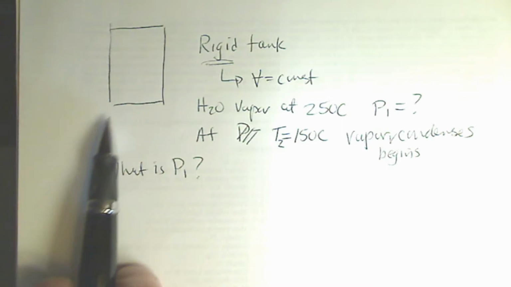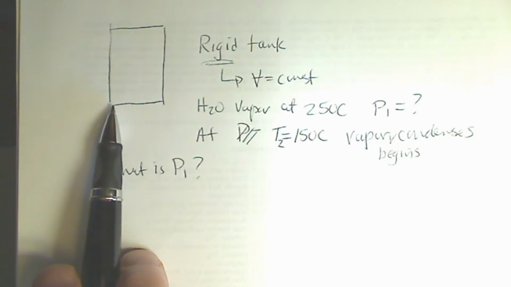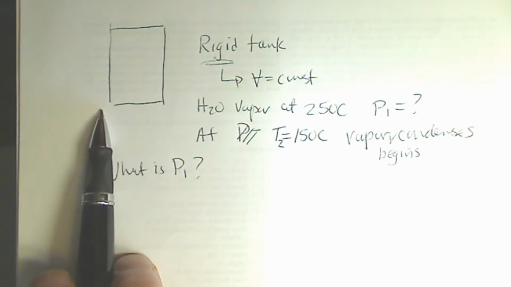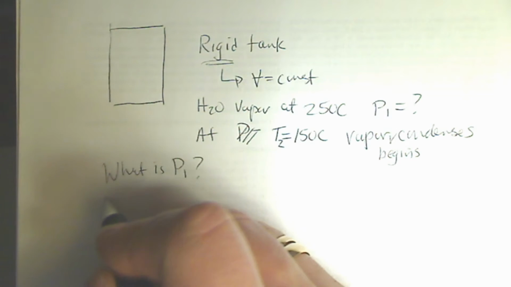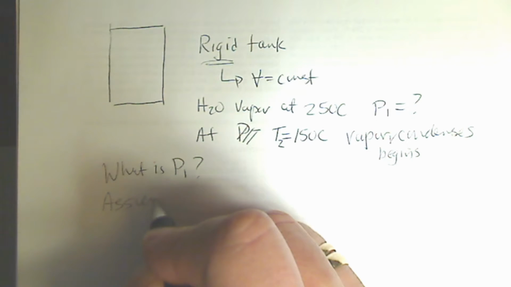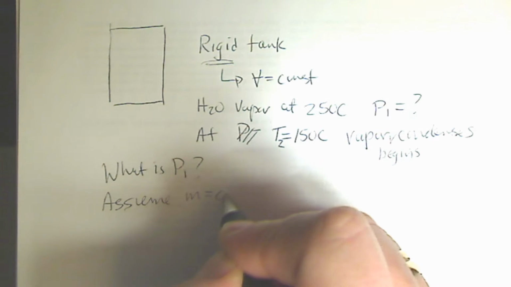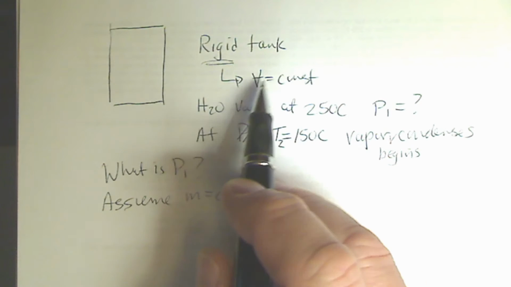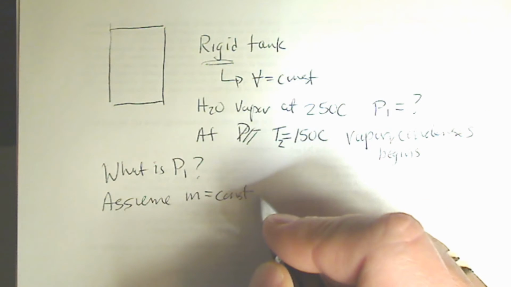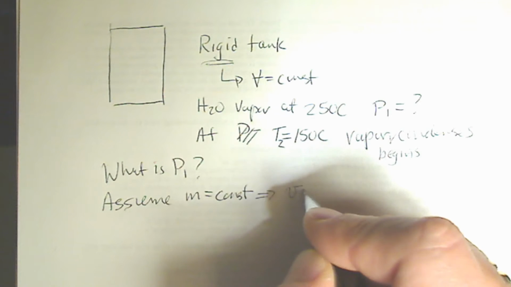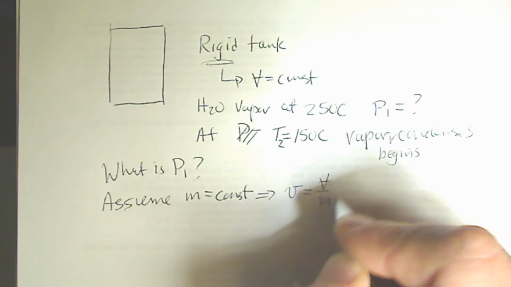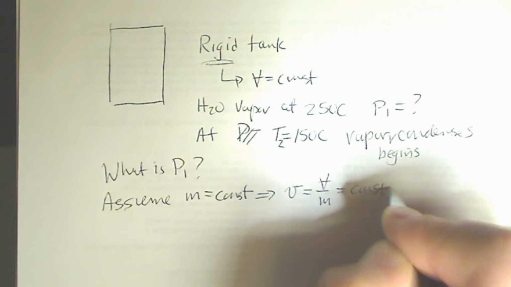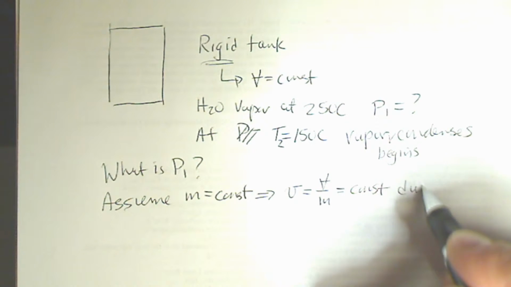It wasn't stated explicitly, but no mass goes into or out of the tank, so we can assume the mass is constant. If m is constant and V is constant, then the specific volume, which is the ratio of those two, is constant during this process.